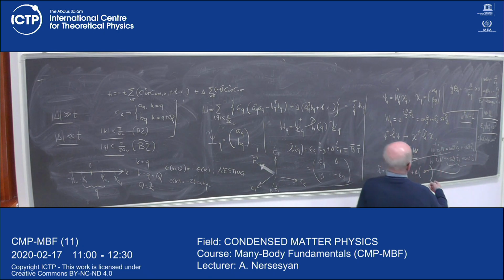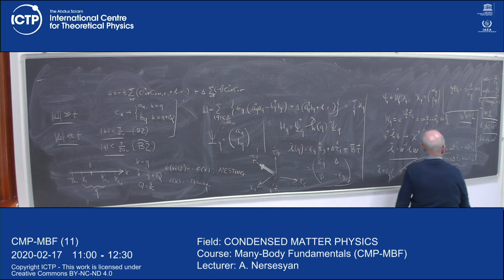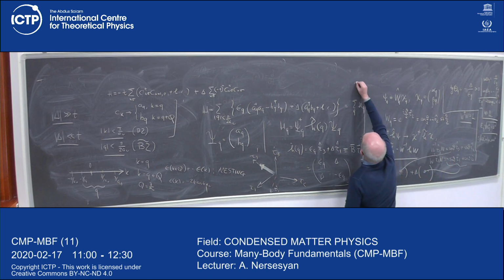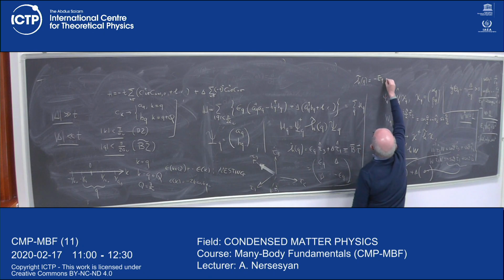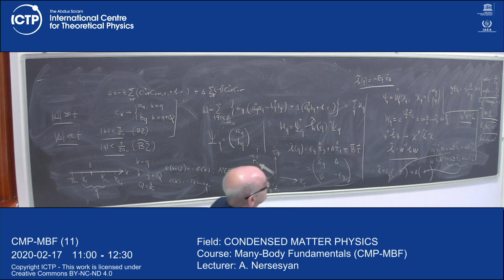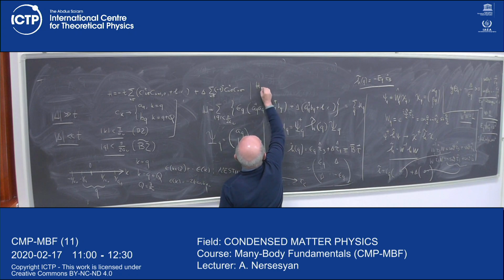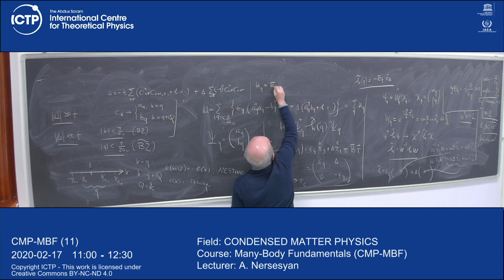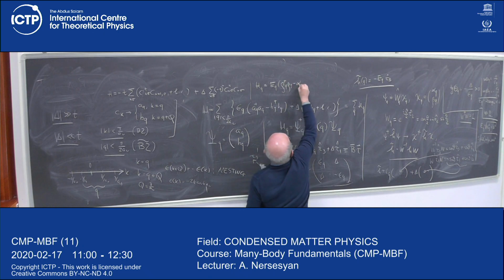If we carefully look at the consequence of this relation, we will be left with the conclusion that h tilde of q is nothing but minus e of q times tau 3. This is what you will find out in the end of the day. So therefore, your Hamiltonian h of q will have the following form. It will be epsilon of q. First you will write down beta q dagger beta q, and minus alpha q dagger alpha q. Why first beta?